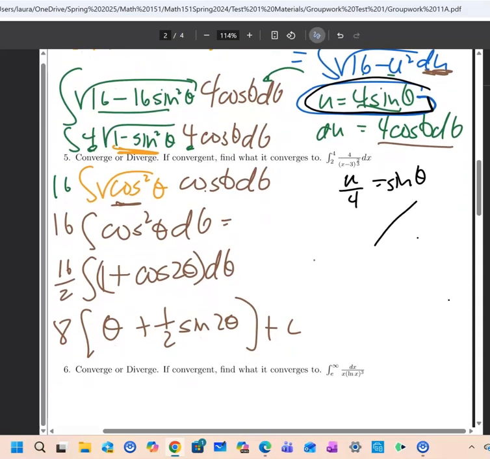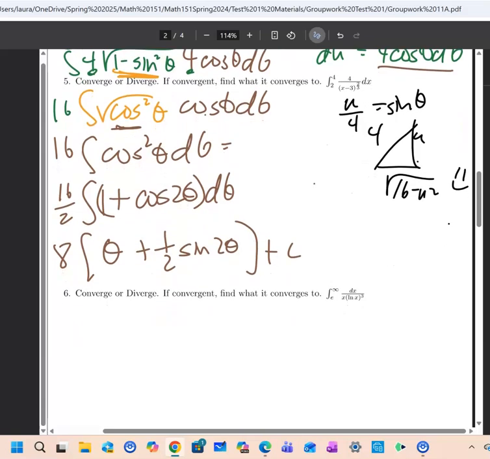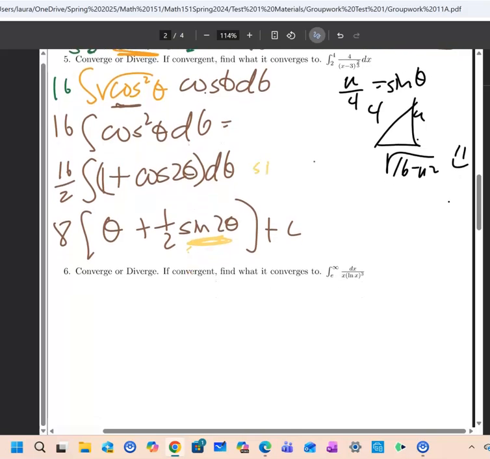So using the triangle, opposite over hypotenuse, this side here would be the square root of 16 minus u squared. And that's a happy moment, because that's what it was in the original problem. Oh, I can't get sine of 2 theta off the triangle. So that's where you need to know that identity: sine of 2 theta is equal to 2 sine theta cosine theta.